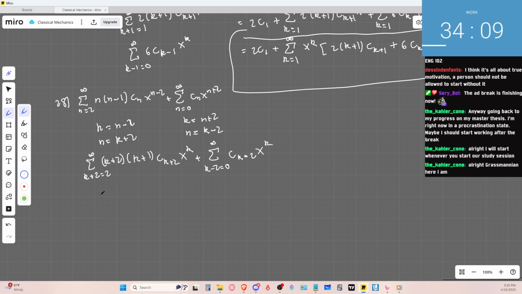In this case, we got k equals 0 plus, oops, don't want to forget the other parts. K plus 1, k plus 2, k, and then this one is k equals 2, and then k minus 2 plus k.